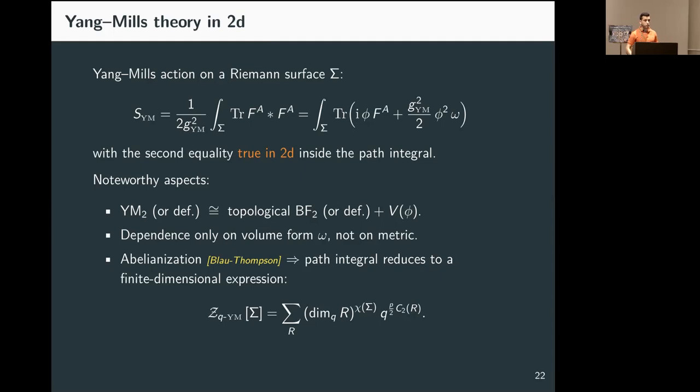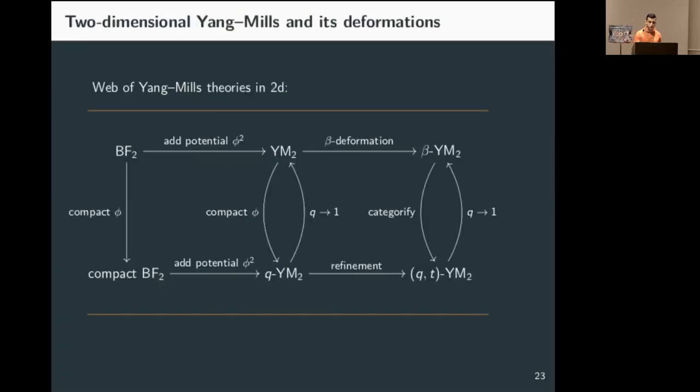But there are other ways to obtain this expression, for example, by Witten's cohomological argument, which is essentially a non-abelian localization theorem. And also there is the abelianization approach by Blau and Thompson, which is the one that most easily extends to the TT-bar-deformed setting and the one we adopted in our paper. So here's the family picture of this family of Yang-Mills theories.